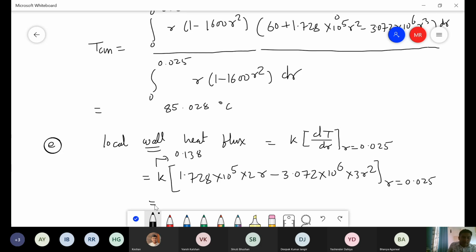So what we are getting is 0.138 into 2.88 into 10 raised to power 3, and that should be equal to multiplied by 0.138. So this should be equal to 397.44. Is it correct?